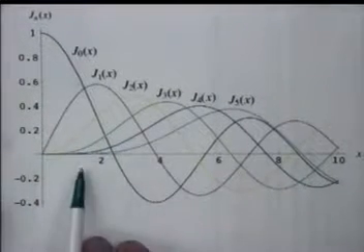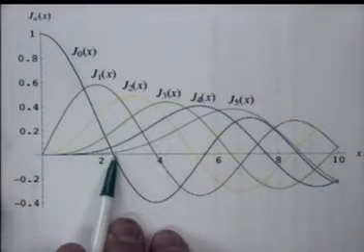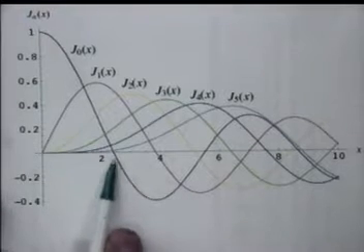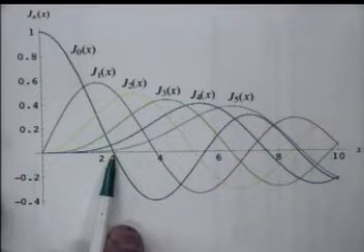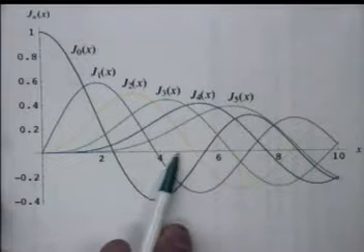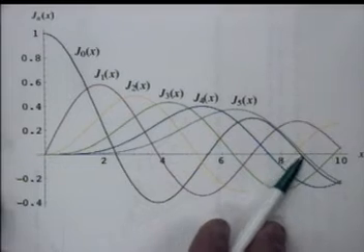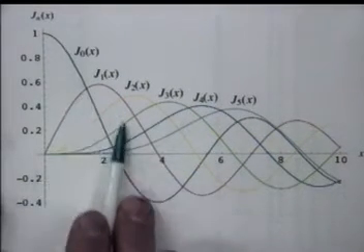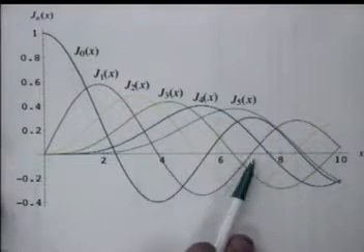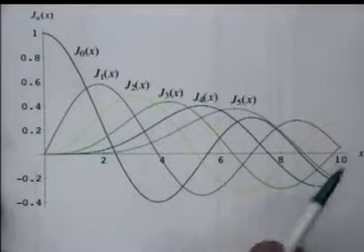Okay, let me look at this again. One of the things you want to try and find out is what the zeros are. In other words, where the value of y crosses the x-axis, what the values are for J0 at this point, this point, this point, and so on. Or if J equals 1 at this point, and so forth.